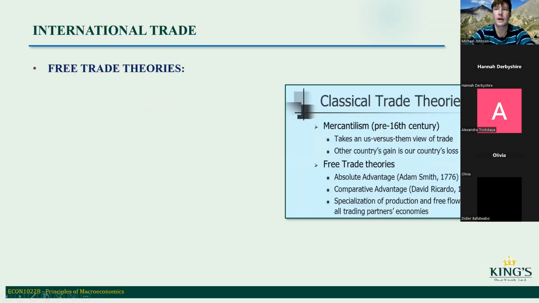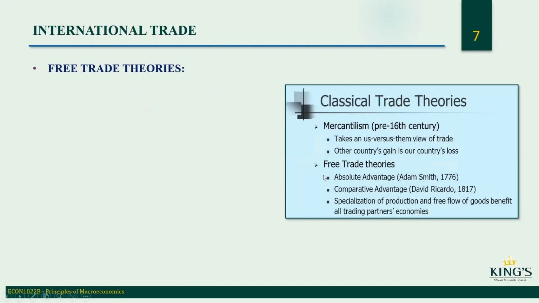So, international trade and free trade theories. There are a few different free trade theories. Mercantilism is pre-16th century. It takes an us versus them view of trade, where other countries' gain is our country's loss. Mercantilism is not the right view. We want everyone to gain from trade.